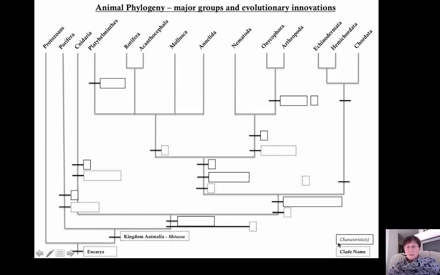And what I'm indicating here is the clade name that's in this dotted box, so you should be able to tell me what the names are, and then you should be able to tell me what major features diagnose or are characteristic of the clades above it. And so here we are with the poriferans. So as we go through the semester, see if you can try and fill in these blanks as we go along. I may only have one listed, but often there is more than one characteristic that could be in those boxes. Up next will be the cnidarians.